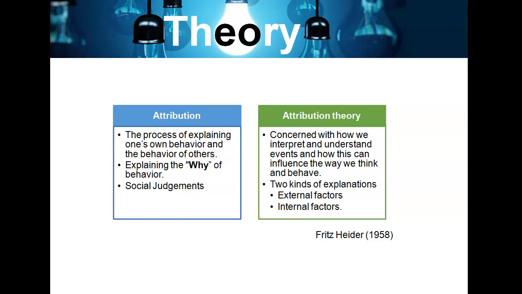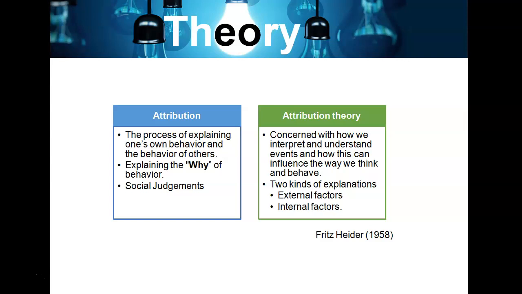We also have attributions that have to do with our attitudes. And this is when we're explaining why we behave a certain way, or why other people behave a certain way. So it's explaining the why of behavior. So we've talked about attitudes, we've talked about behaviors. Now we want to know, okay, why are we doing this? And a lot of times with attributions, we're attributing to other people's behavior. So, why did that person just do that?